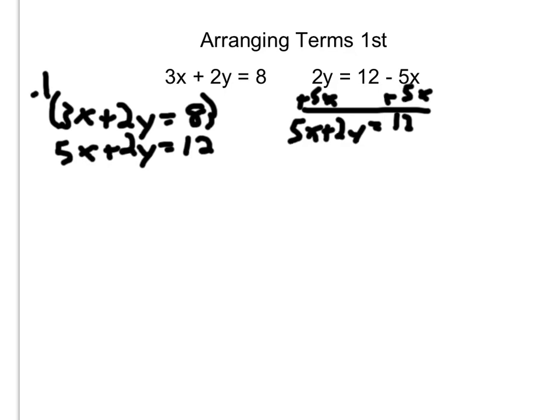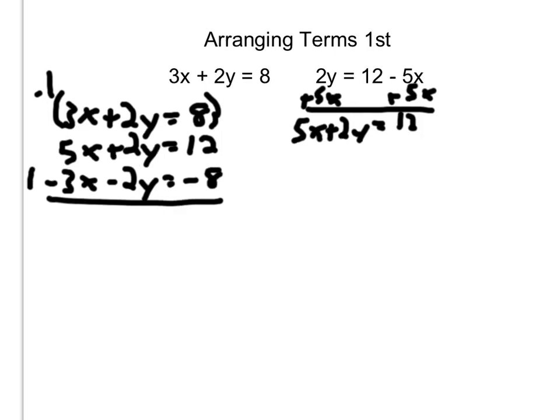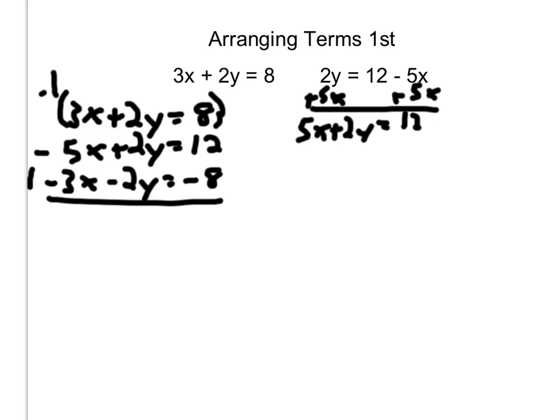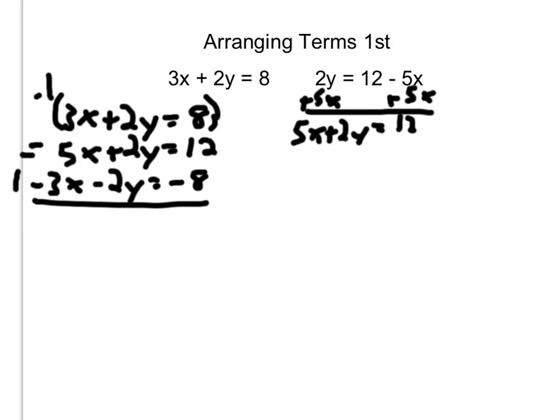So I've got this equation here still, so I'll just leave it, and then that's going to give me negative 3x minus 2y equals -8. Now I can go ahead and add these together. Let me slide this back over here.